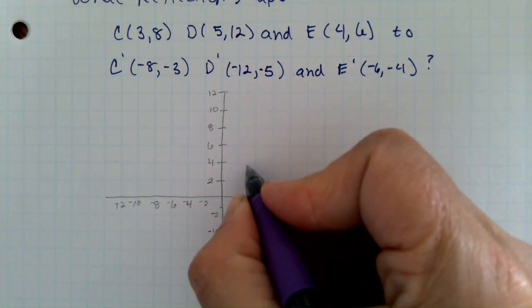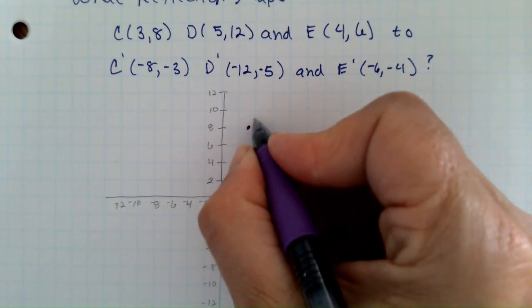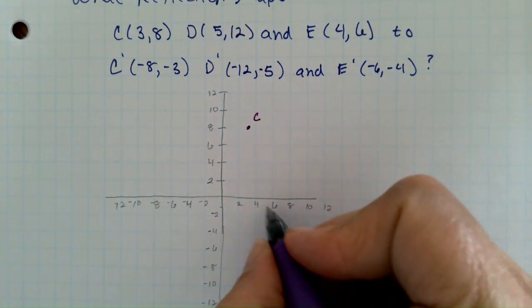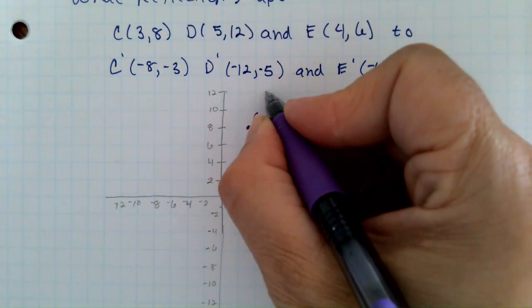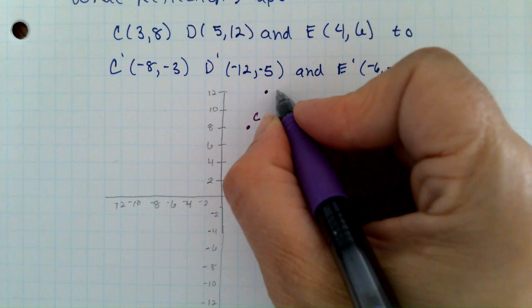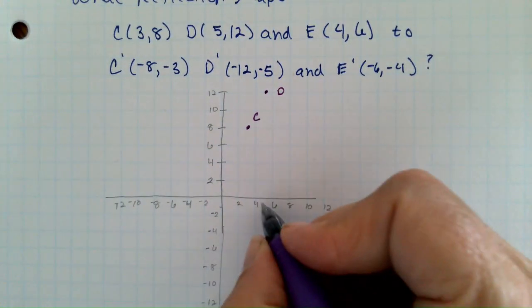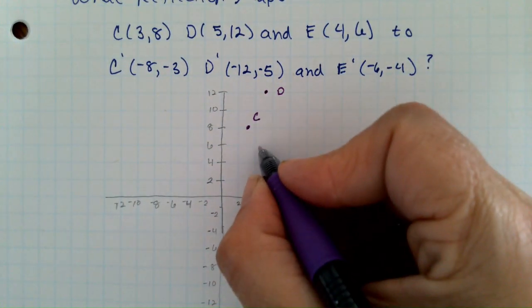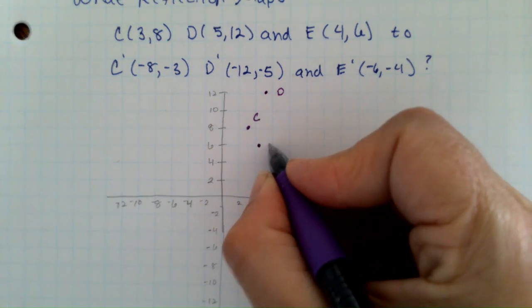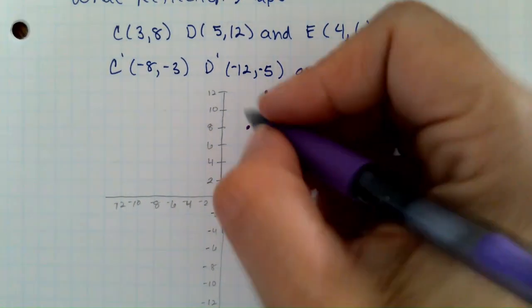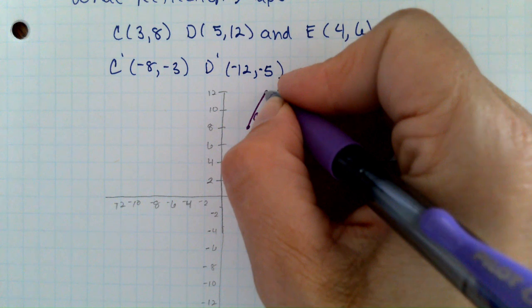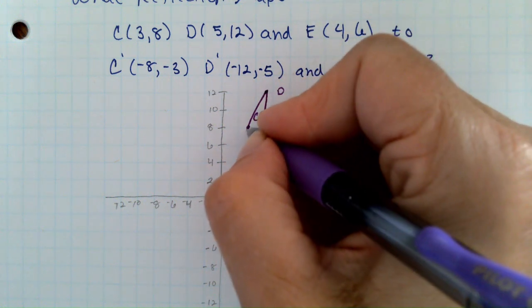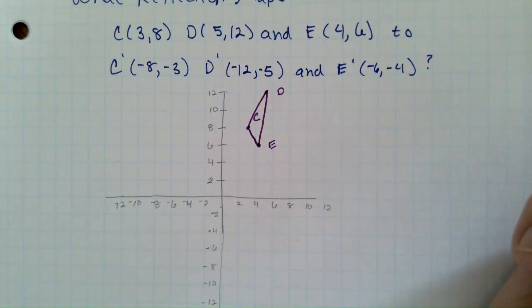So 3, 2, 4, 6, 8. There's our C. 5, 12. That would be our D. And 4, 6. Here's our E. So maybe I should have drawn my letter C on the outside of my triangle. Check.